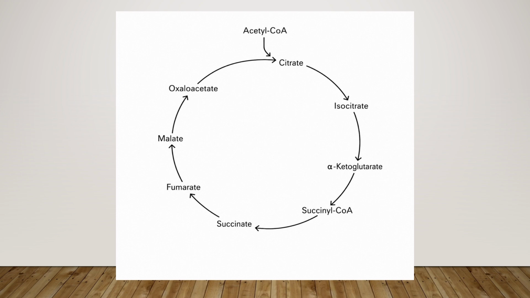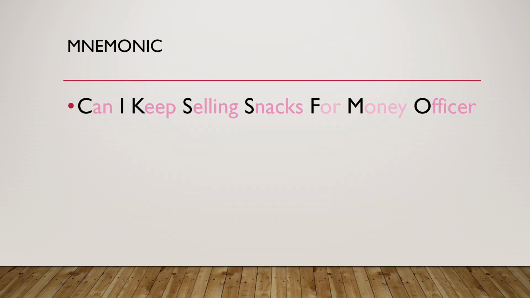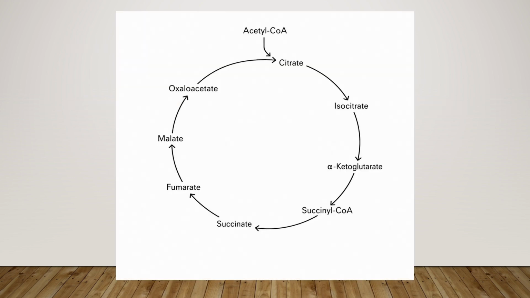To understand this whole outline, if you manage to remember this mnemonic or simple sentence, you can easily draw the outline of Krebs cycle. And the sentence is: can I keep selling snacks for money, officer? So you can see I have highlighted CIKSSFMO, which explains the compound names of this simplest Krebs cycle.